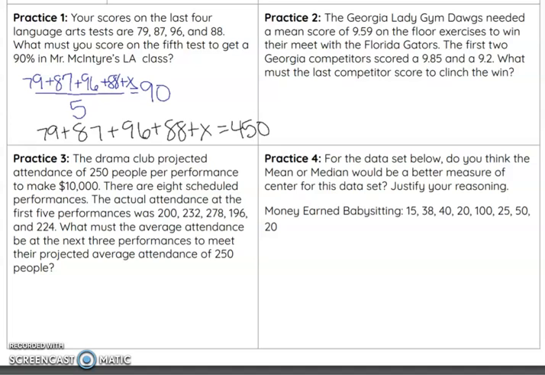All I did was take this equation and multiply by 5 on both sides. That cancels, and I'm left with 450. Then from there, all I would do is take 450, subtract all of the test scores I do have, and then I would get that x equals 100. So I would need 100 on the 5th test.